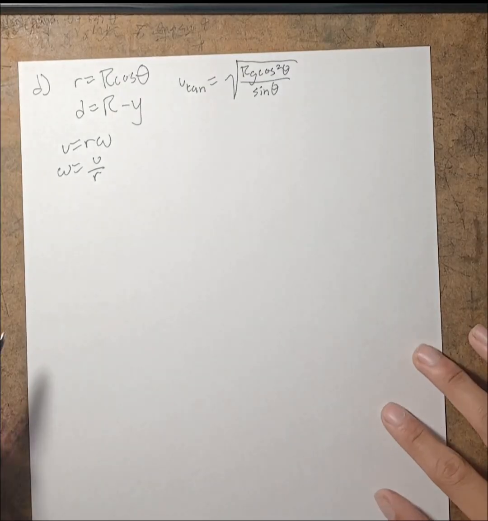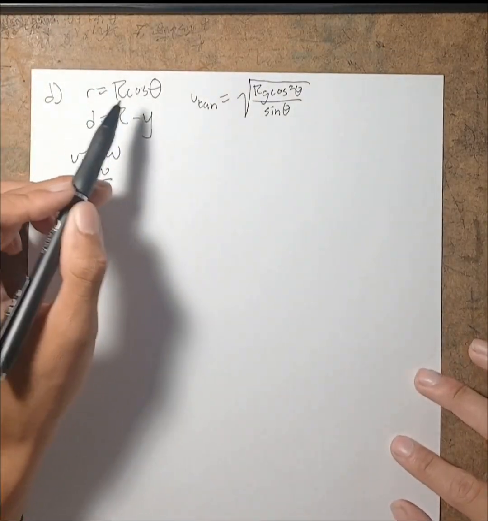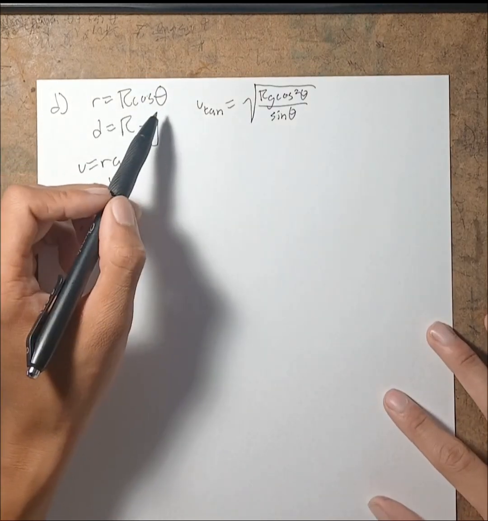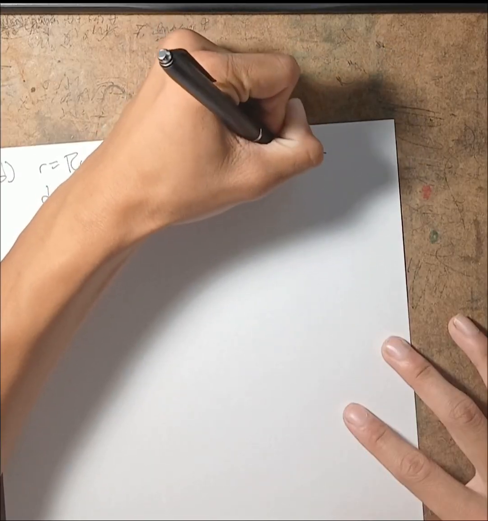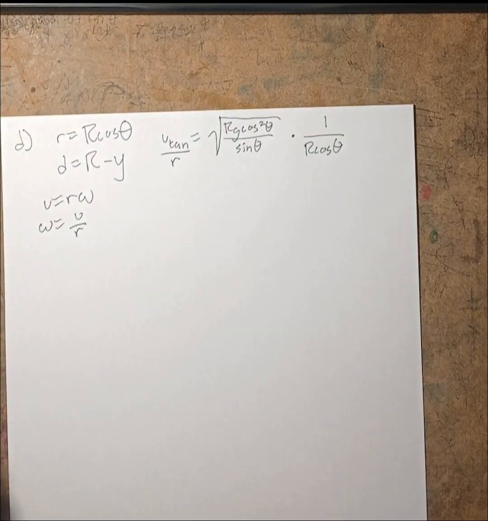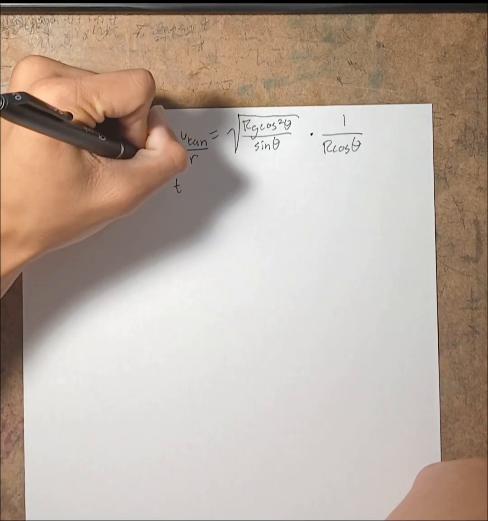And then since we want it in terms of big R and y, we will have to use this definition of our little r. And so we will have to multiply it by the reciprocal of this, because that's the same as dividing it by this. So 1 over big R cosine theta, like that. And then we can simplify that further.